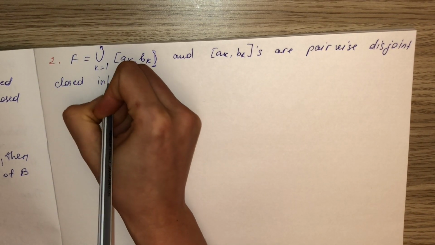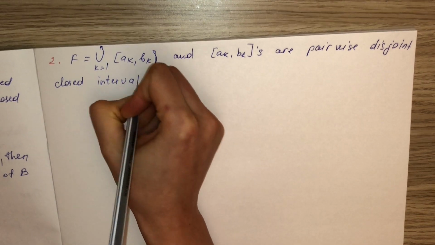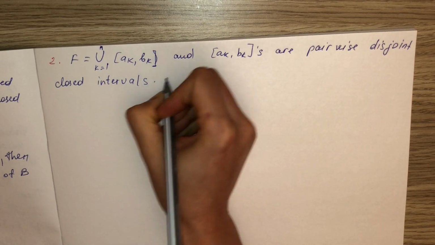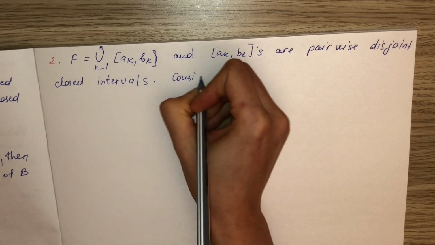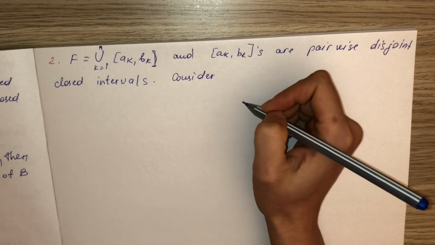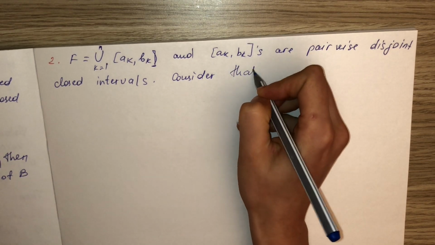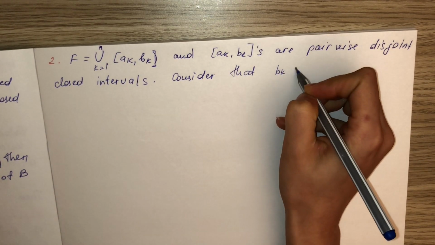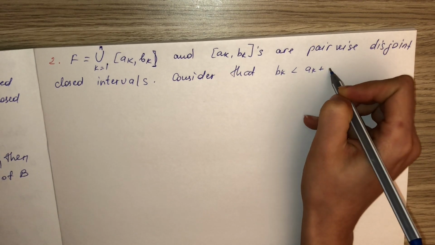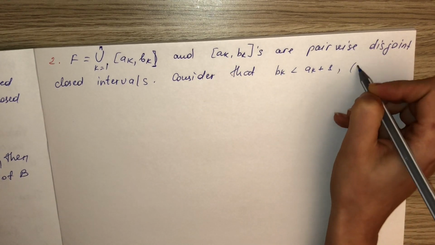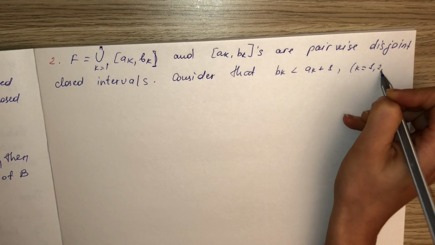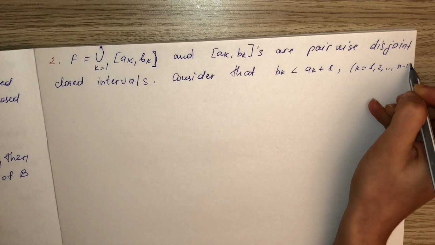What does it mean? It means that they have no common elements. Consider that this is another condition: bk is less than ak plus 1, where k is equal to 1, 2, up to n minus 1.